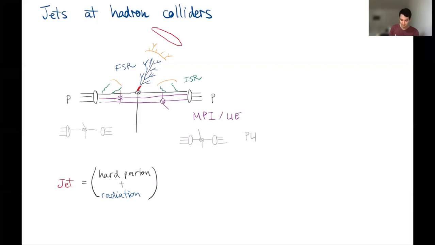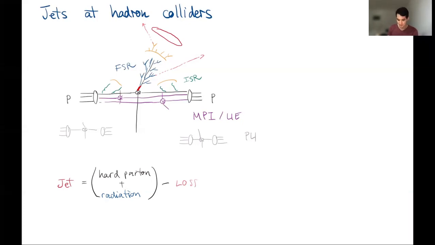Now that's good. However, since I've chosen a finite cone size, there's always emission that I will not be able to capture. So even this final state radiation can go in a direction that goes outside of the cone. Similarly for the hadronization, the hadrons can escape this cone. So I inevitably always have some loss of this emission that I actually wanted to capture.